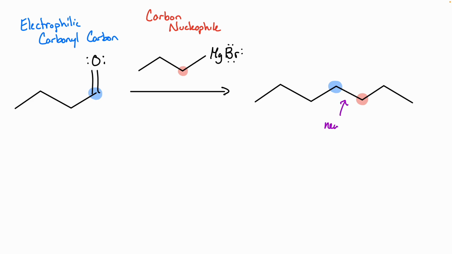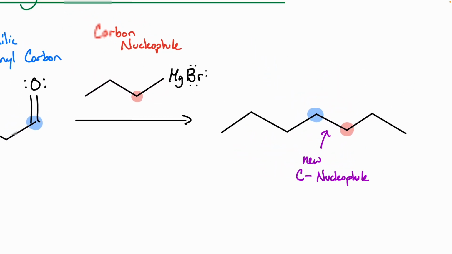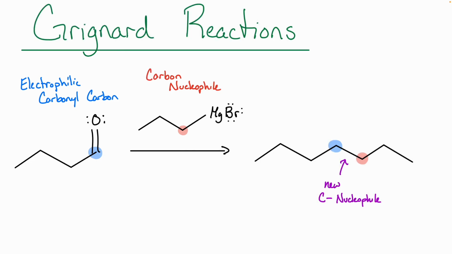So we have this new carbon-carbon bond, and what we're going to see is this is super common. It's not always a carbon-carbon bond, so we're going to say it's a new carbon-nucleophile bond, because that's going to be true for all of these reactions of aldehydes and ketones that we study. Specifically, that carbonyl carbon is going to have some new nucleophile attached to it.